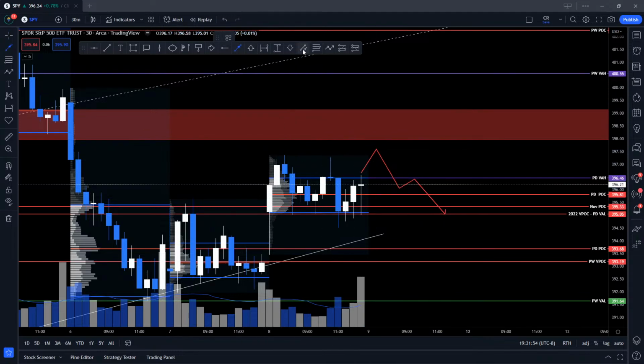If price opens below our previous day value area low, we're looking for it to cross back inside, 3 candles close, retest, and take it long to the previous day value area high. 80% rule in either direction.